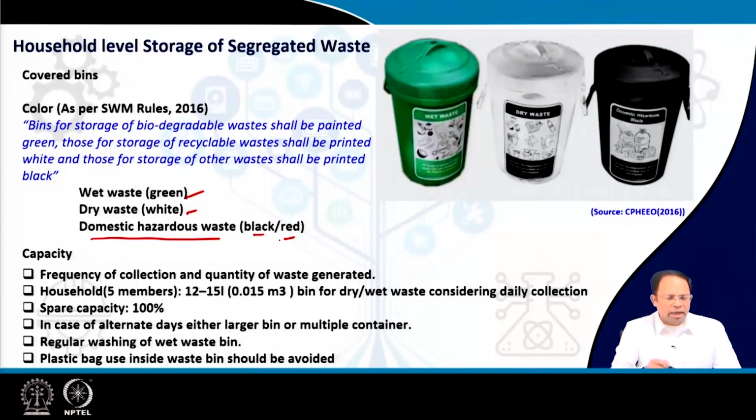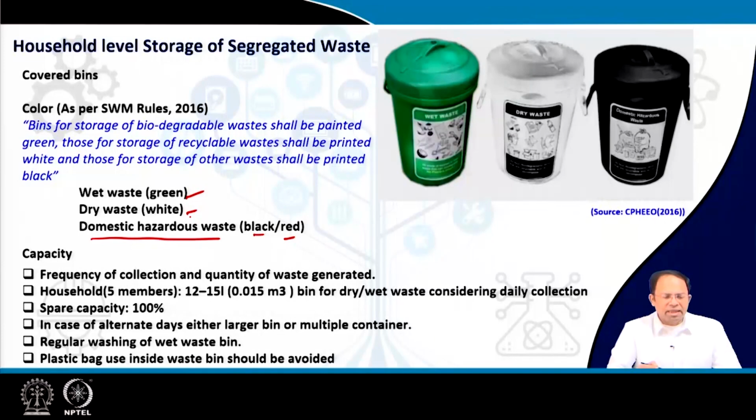And this is how waste is stored within the premises of a generator, but when it is being collected, the collection agency can take biodegradable waste in a green color container, but sometimes you will see that dry waste is taken in blue colored containers also. So, some differences are there, but this is what the rule states.